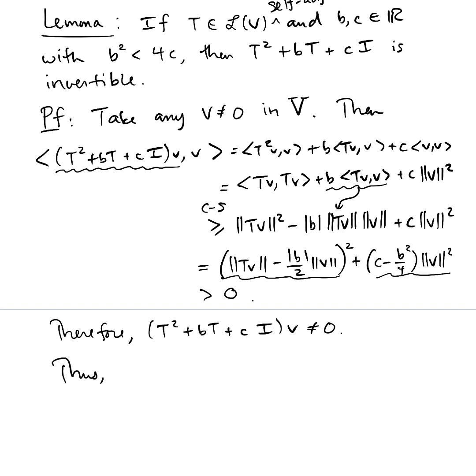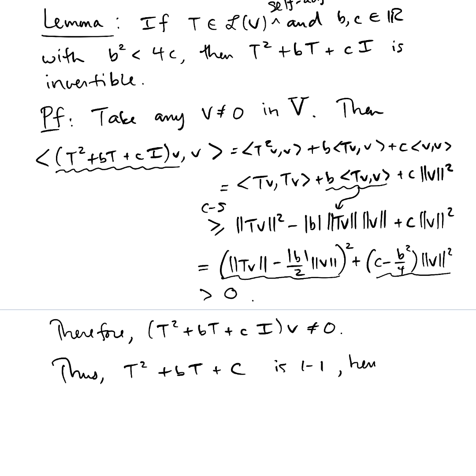Thus, T squared plus bT plus c is 1 to 1, because we just argued its null space is just the 0 vector. Any non-zero vector is not sent to 0 by that operator.